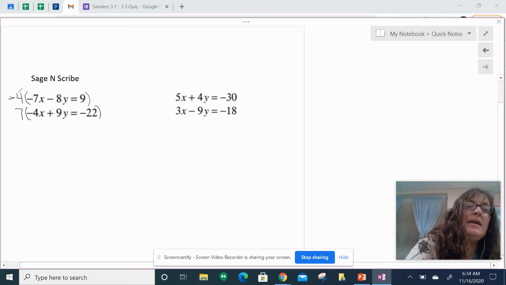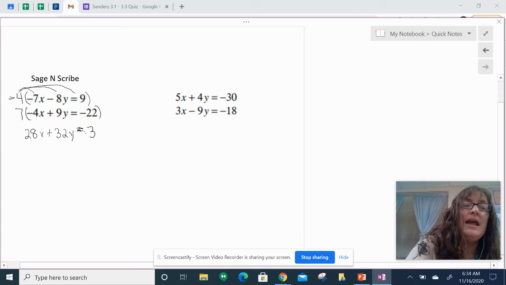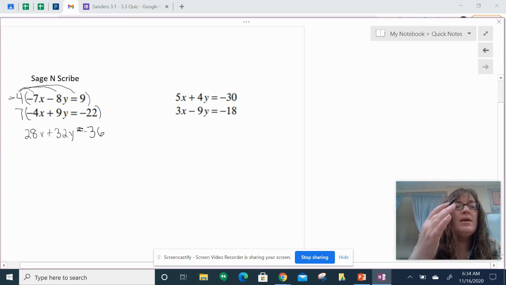So in multiplying here, I'm going to get negative 4 times negative 7. I get 28x. Negative 4 times negative 8, I get positive 32y. And then negative 4 times 9, don't forget to multiply by that third part. Negative 4 times 9 gets me negative 36.